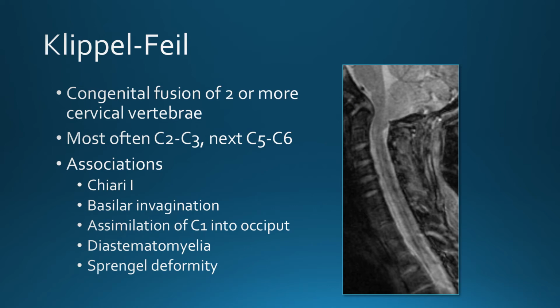This is often associated with Chiari 1 malformation, as it is in this case here. Often associated with basilar invagination, assimilation or fusion of C1 into the occiput. It can also be associated with diastematomyelia and Sprengel's deformity.